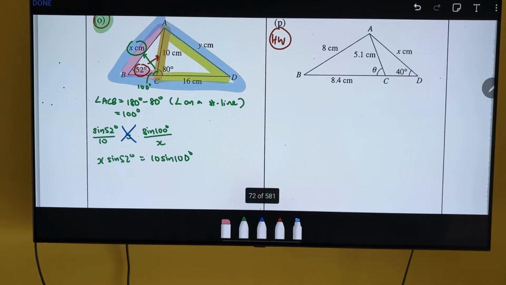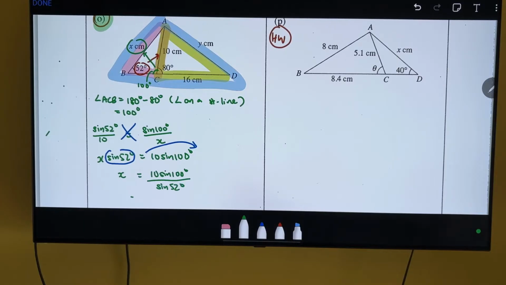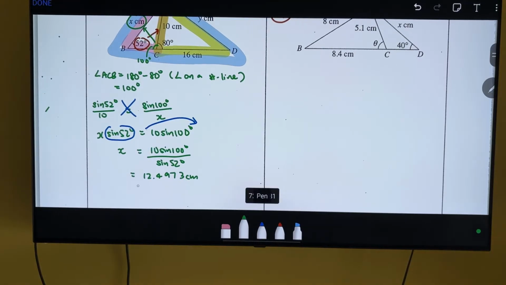And from here, in order to find the value of x, we bring our sine 52 over to the other side. So from here, we round it off to 3SF.